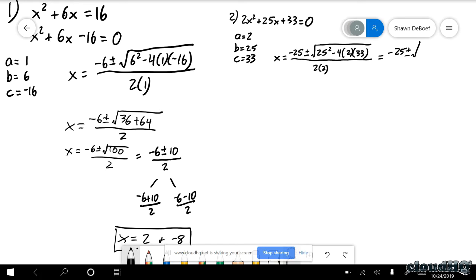If you have big enough numbers, maybe you even want to pull out a calculator. 25 squared, I believe, is 625. Sorry, my calculator is not wanting to power on.